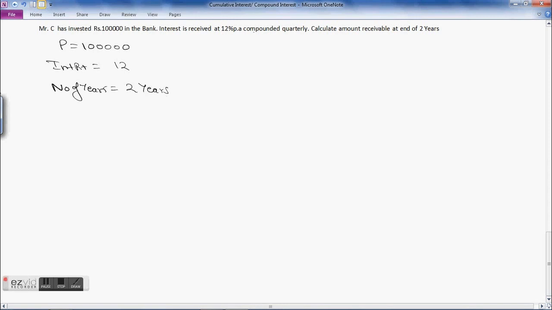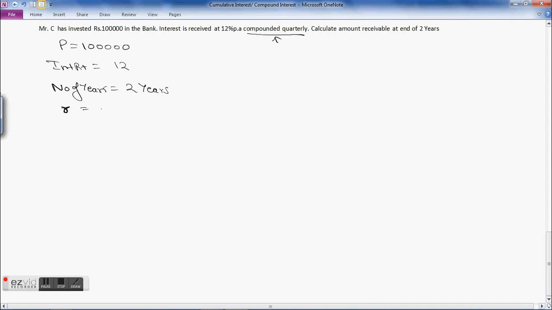Now since this interest is compounded quarterly and not annually, there is one more thing which we need to calculate, that is number of times the interest is compounded. We'll take it as small r, number of times the interest is compounded in a year.